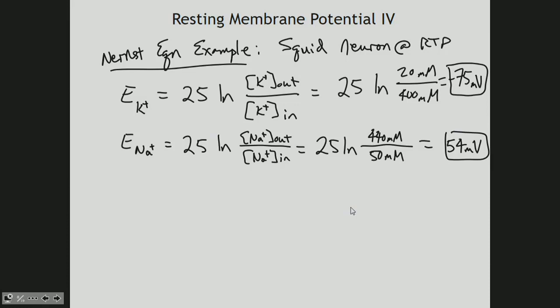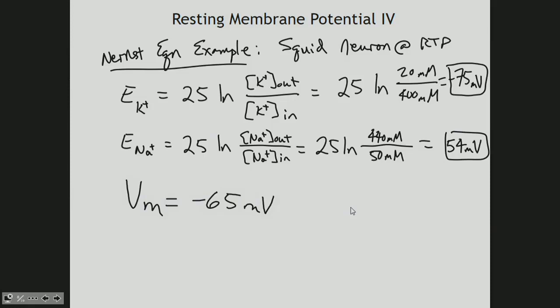Anything else I want to say about that? So if you think about a squid membrane potential, Vm is about negative 65 millivolts. What does that tell you about the relative role of potassium and sodium in setting the membrane potential? Which is more important? Potassium, yeah.